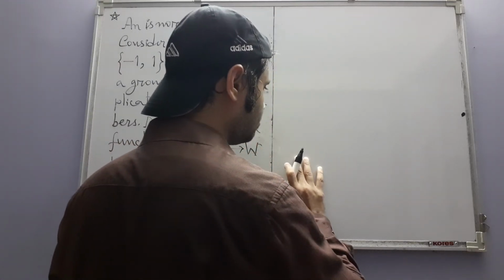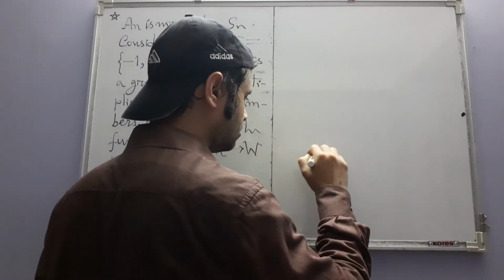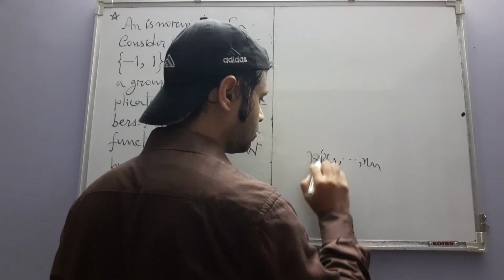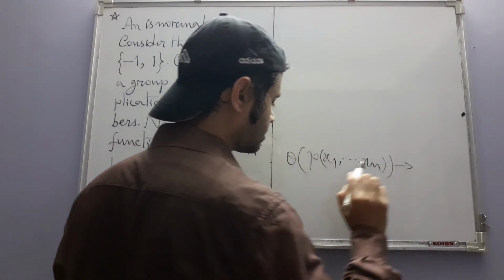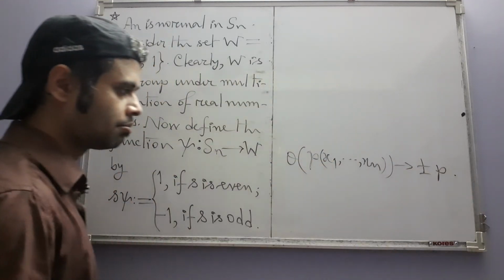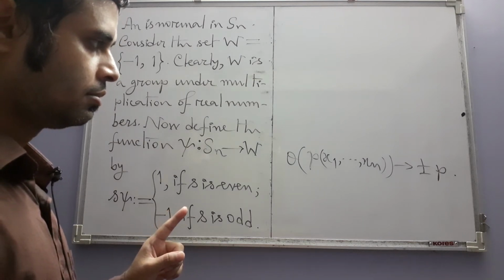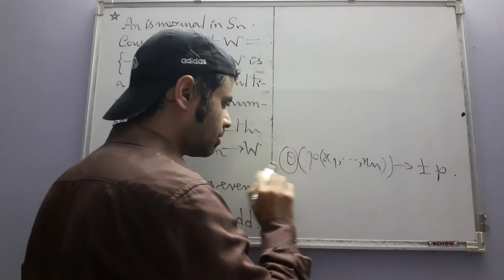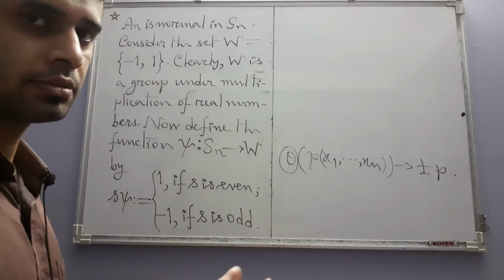Now, the way we seem to have gone through the argument is that we defined a polynomial, and then we applied theta on this polynomial to give us something else, which turns out to be either plus p or minus p. So the expression of theta as a product of transpositions ultimately gives us p or minus p.